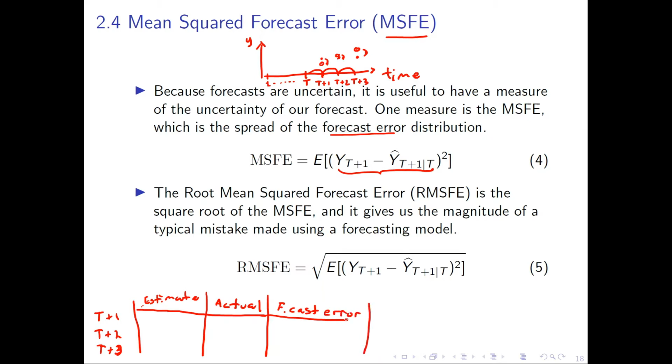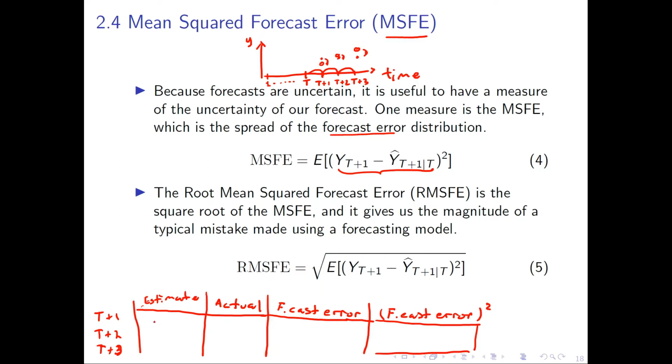And in this next column, we can take the squared forecast error, like this, and then we can just take the average of these squared forecast errors.